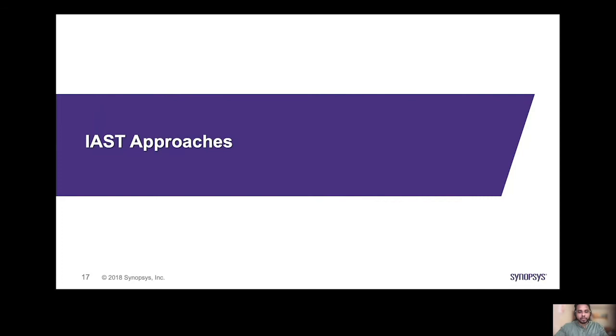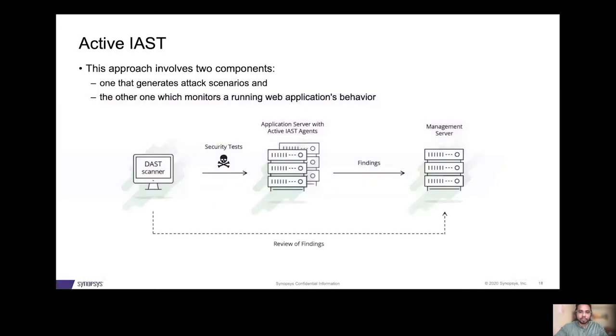There are actually two types of IAST approaches, active and passive. Both approaches rely on an agent instrumented within the application. Let's have a look at the two methods. The active IAST approach combines a web scanner such as DAST, also known as an inducer, with an agent that sits inside the application server.